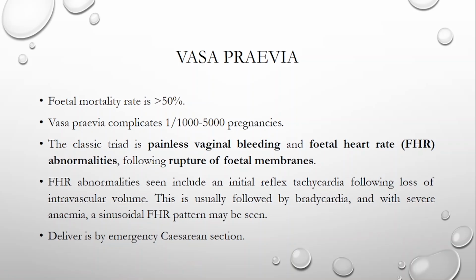The classic triad is painless vaginal bleeding, just like we have in previa. But where the fetal heart rate in placenta previa is normal, here we have fetal heart rate abnormalities following rupture of the fetal membranes.